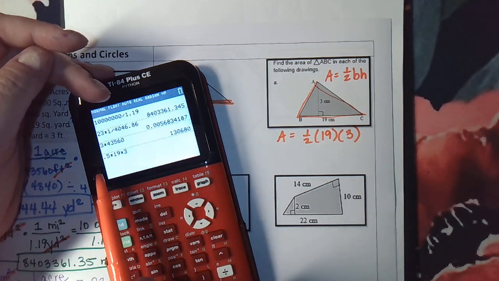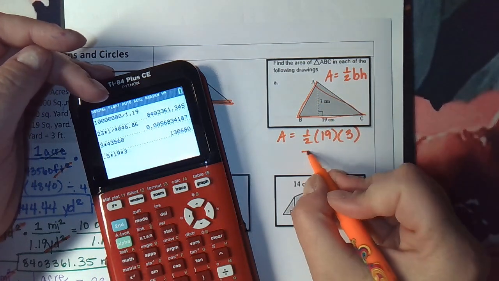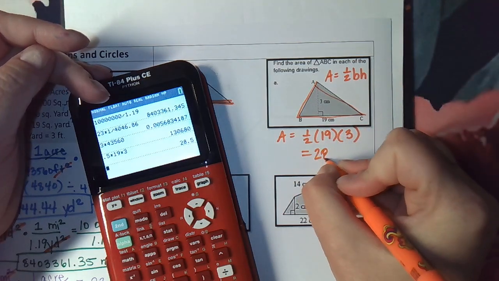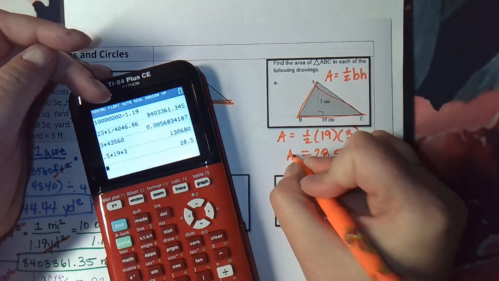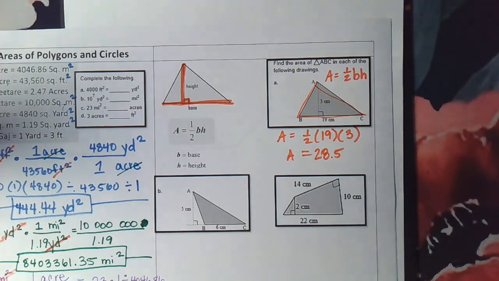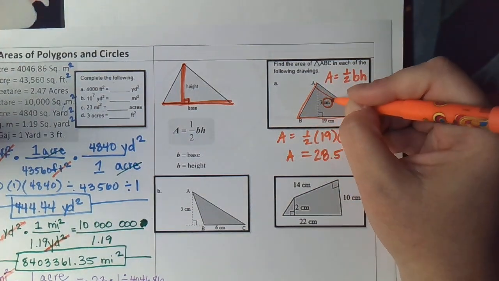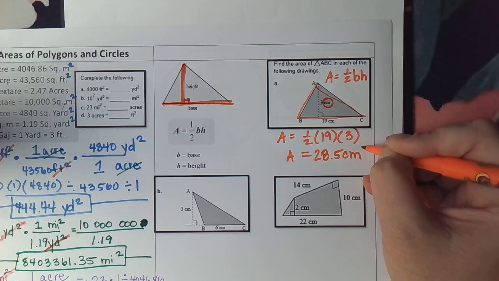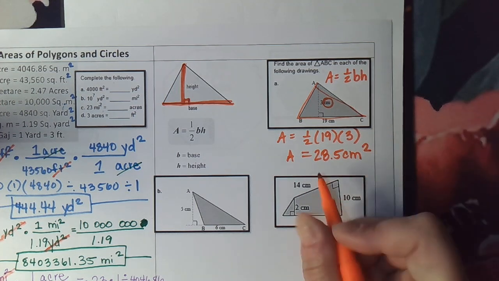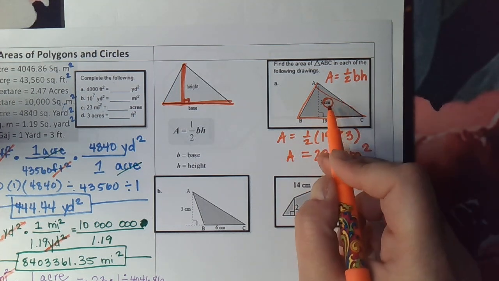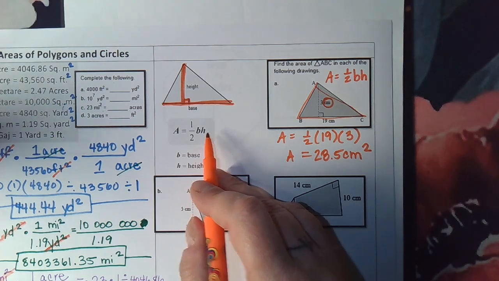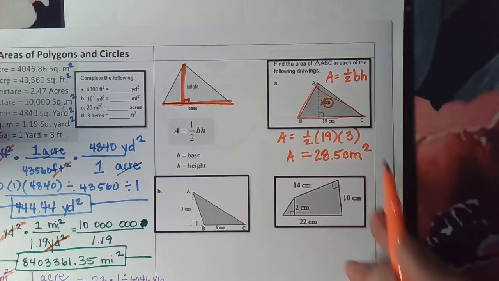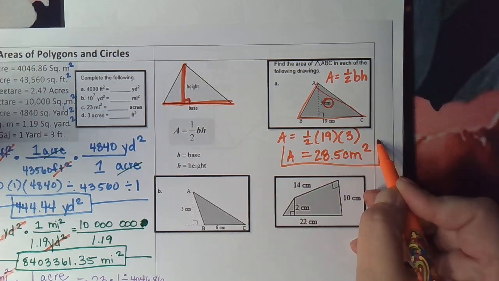And you can say 1/2 times 19 times 3, or I just put a 0.5 in there because I'm lazy. And you get 28.5. That's our area. Our units are centimeter. And remember, area has squared on it because we're multiplying 2 dimensions, a base and a height. So we have to show that this is in 2 dimensions, or squared for area.